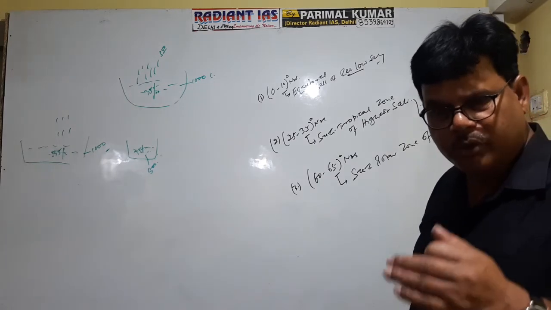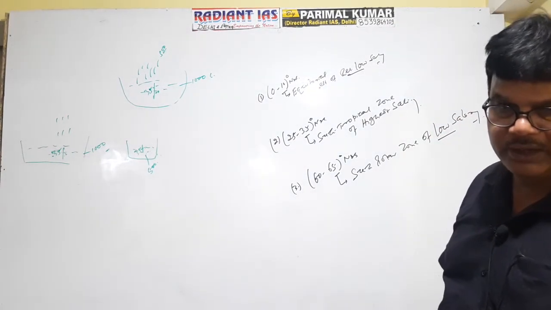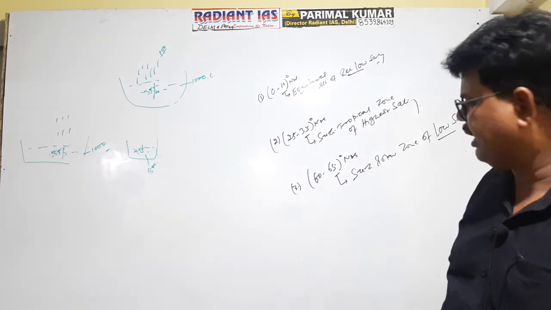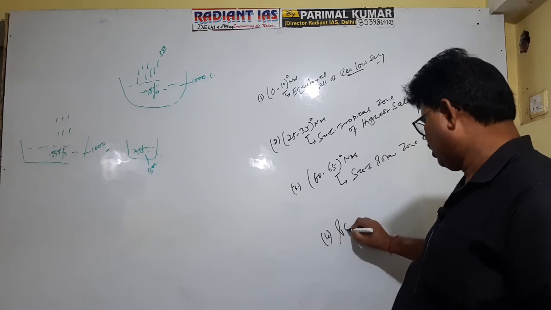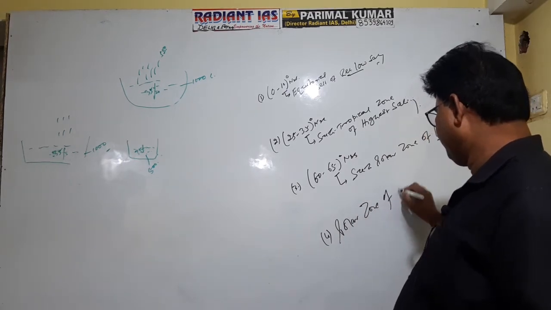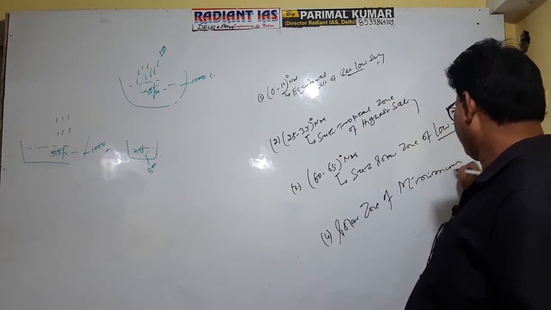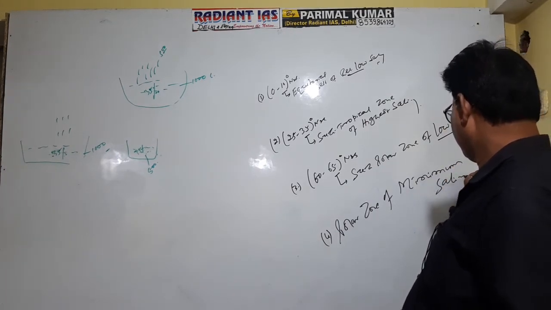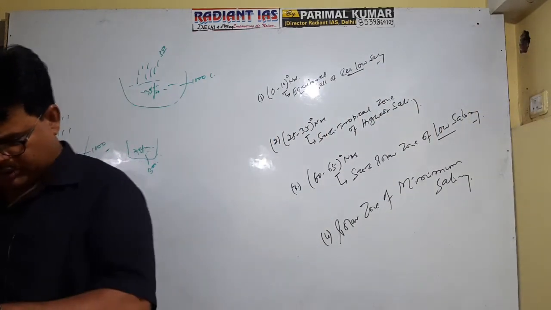Because this is the zone where melting of the snow occurs and fresh water is added, that's why it is relatively low. And the fourth one is the polar zone of minimum salinity. So we have 4 salinity zones on the Earth's surface.